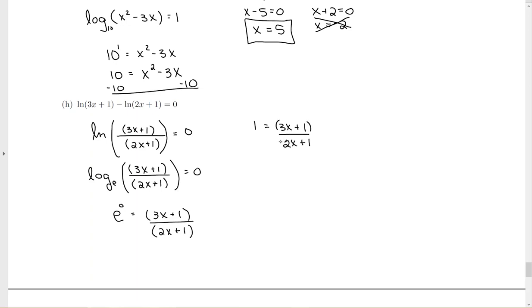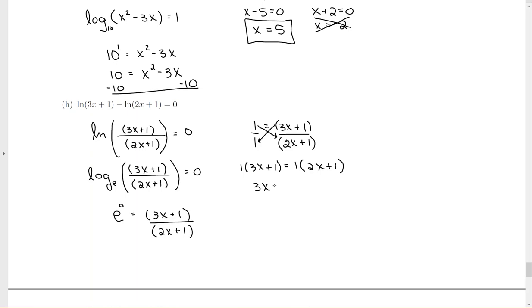And then we're going to do our little cross multiplication trick. Throw the number 1 over 1. Cross multiply. So 1 times 3x plus 1 equals 1 times 2x plus 1. Distribute.